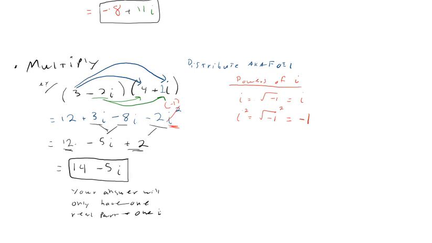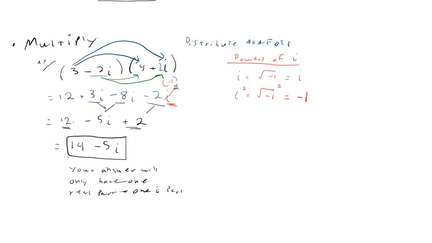I don't want to see in your answer any i squareds, you don't want to have any i cubes, anything else. It's just a real part and an imaginary part, only those two pieces. Your final answer should only have the imaginary part and the real part, those two pieces. So when you have an i squared, realize that i squared becomes negative 1.